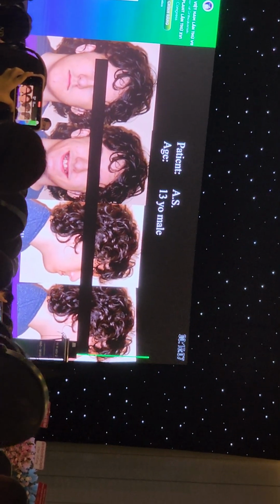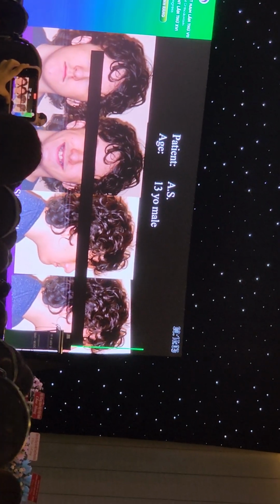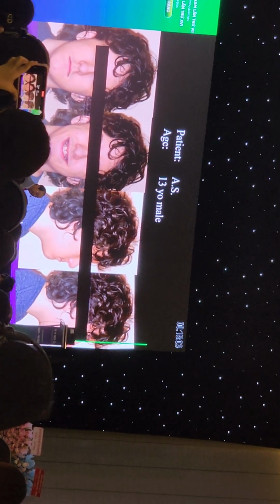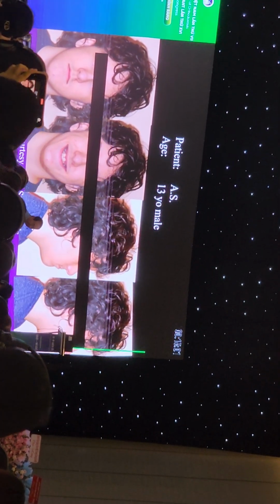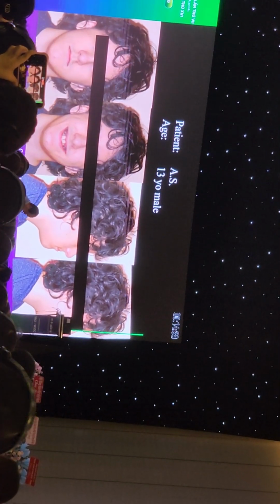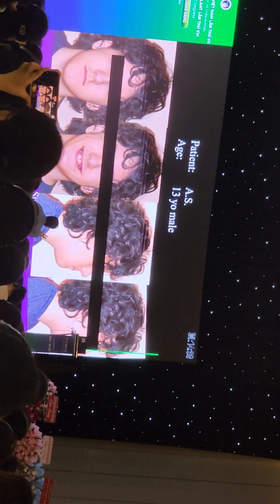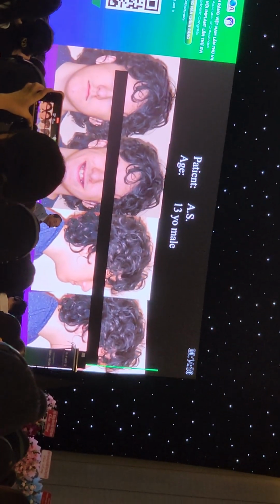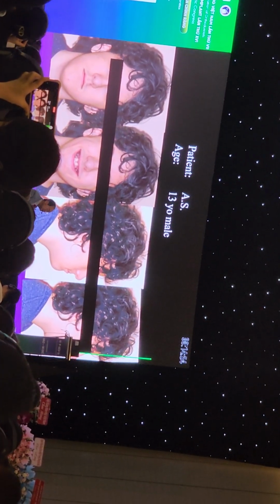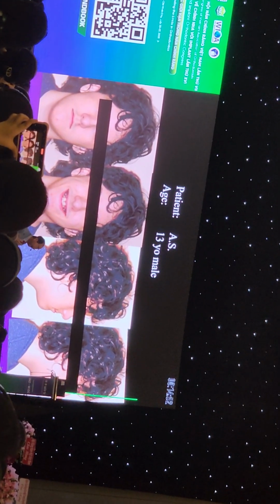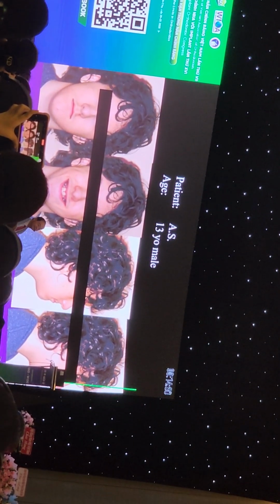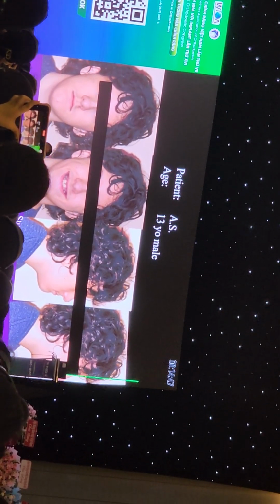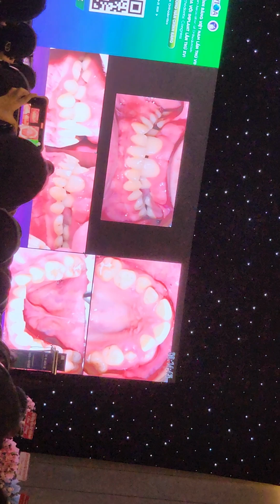13-year-old boy, right? It already passed the golden time, 7-11. Early permanent dentition. All right? So, again, he doesn't look very good because his upper incisors are behind the green line, right? So you need to move it forward for that reason, at least for the aesthetic part of it, right?